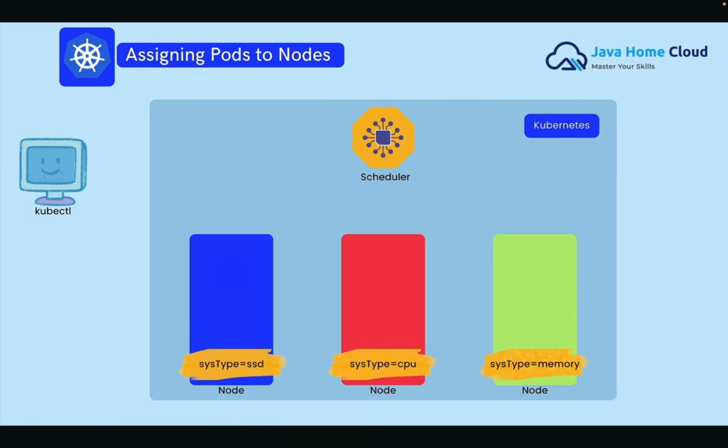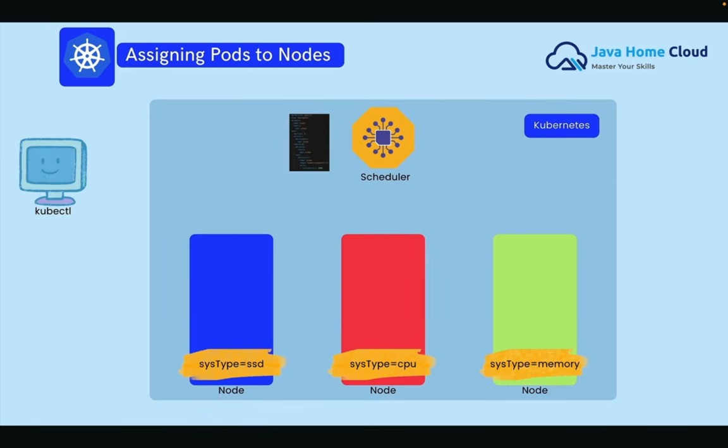Now, for instance, we want to deploy a pod onto the Kubernetes cluster. This pod requires better CPU. Now, I want to tell my scheduler, boss, please deploy this on any node which provides optimized CPU. In our example, I am showing only one node with CPU, but in the real world, there could be multiple nodes with CPU optimization.